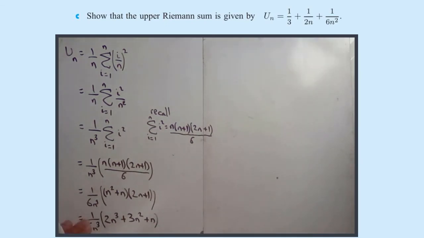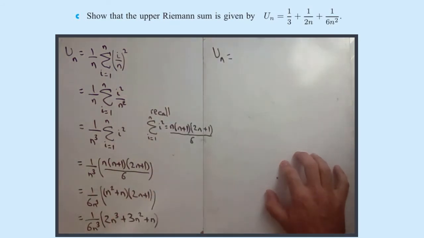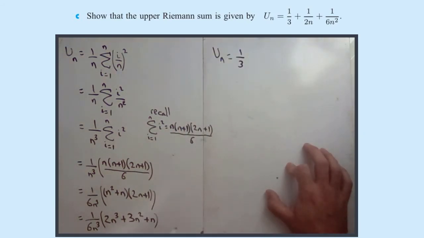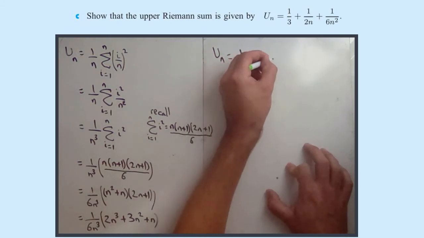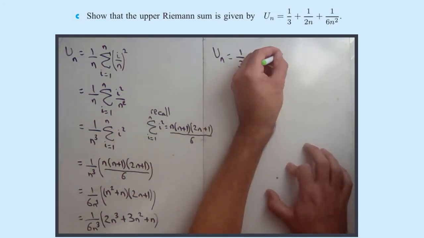And then if we just now expand this bracket, un equals, so 1 over 6n cubed times 2n cubed is n cubed over n cubed is 1, 2 over 6 is 1 over 3, so it's 1/3. They're all going to be positive. Plus, then you've got 3 over 6 is 1 over 2, n squared over n cubed is 1 over n, so you've got 1 over 2n, plus n over 6n cubed is 1 over 6n squared.